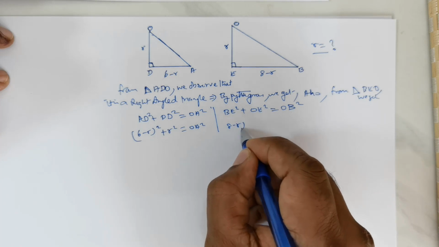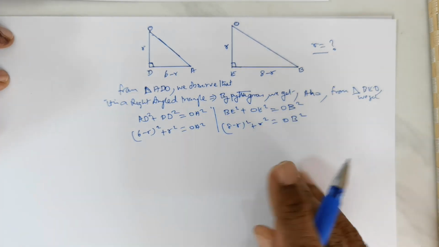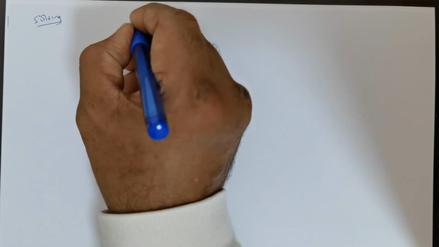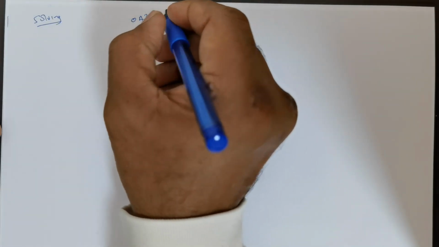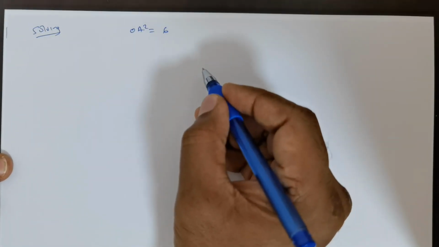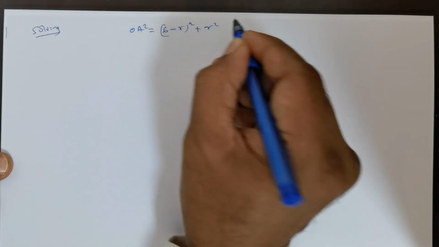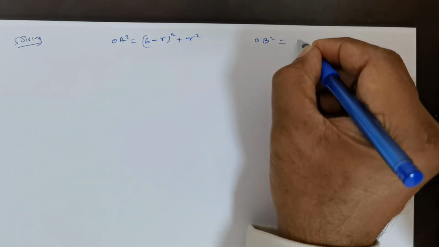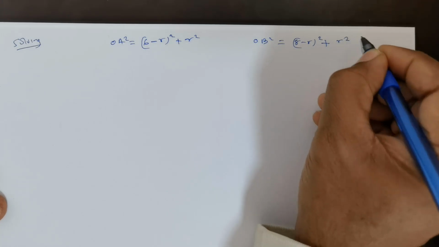BE squared is (8 minus R) squared plus R squared is equal to OB squared. So now we need to solve two equations. We got OA squared is equal to (6 minus R) whole squared plus R squared, and OB squared is equal to (8 minus R) whole squared plus R squared.